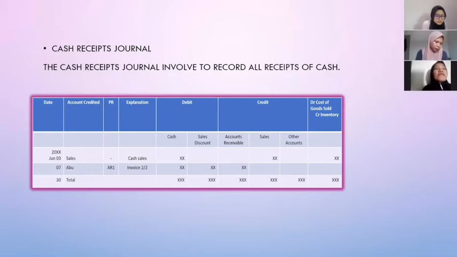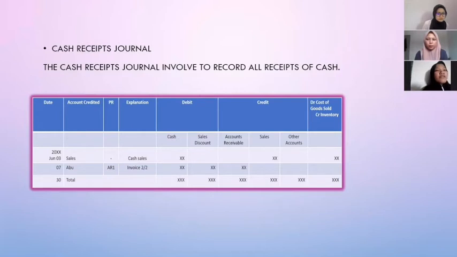Usually it is divided into several categories, which are cash received from cash sales, cash received from accounts receivable, and cash received from other sources such as interest income, scrap sales, or rent income. In this journal, we will debit cash, sales discount, and accounts receivable, and credit sales and other accounts.